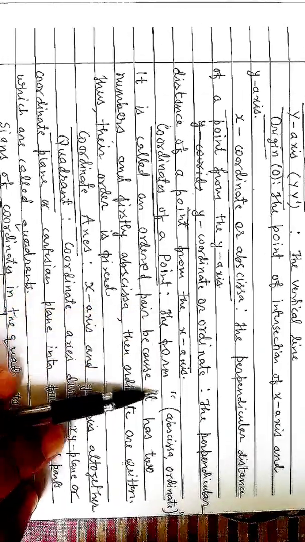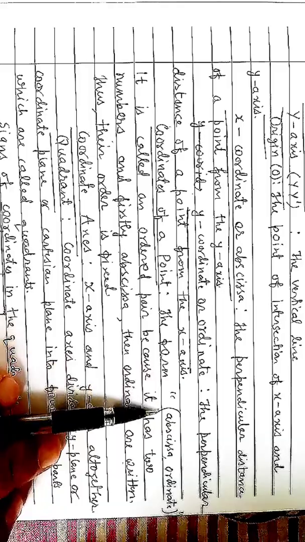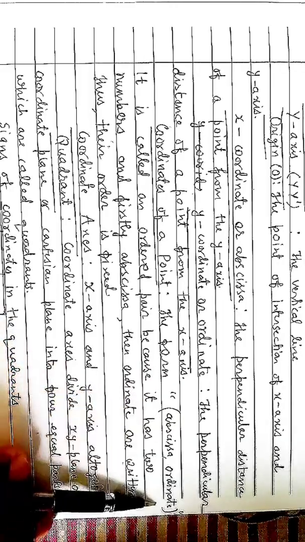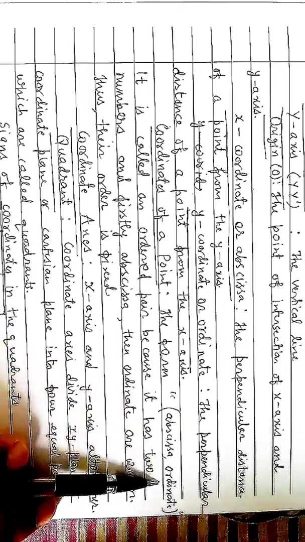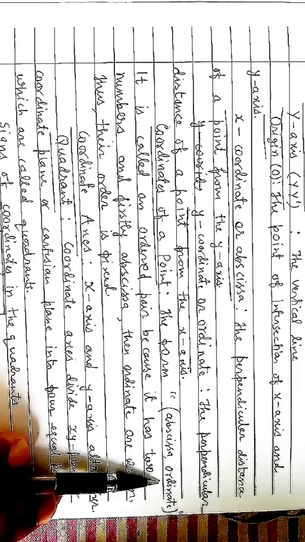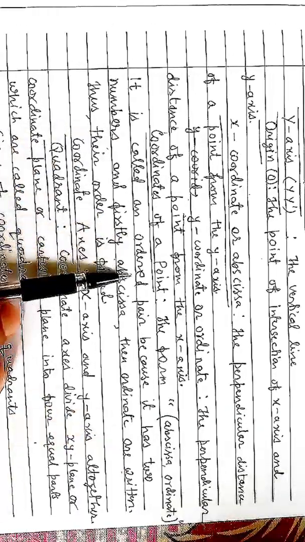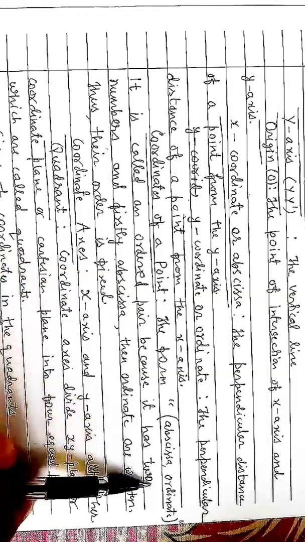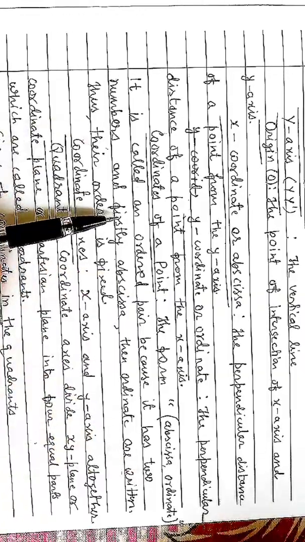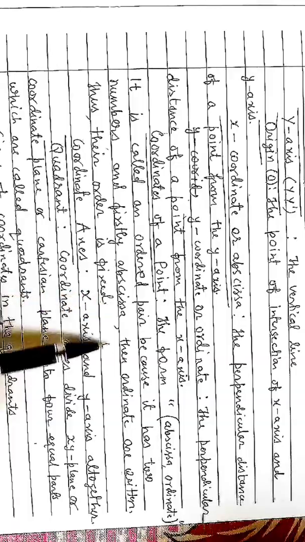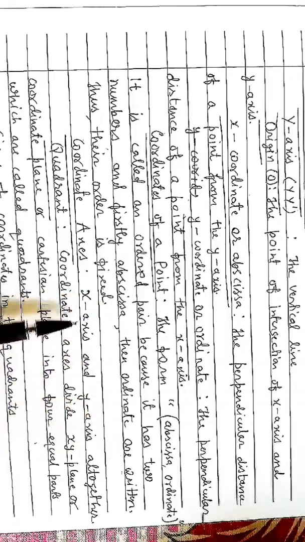Coordinates of a point. The form within a small bracket of abscissa, comma, ordinate. It is called an ordered pair also because it has two numbers. And firstly abscissa, then ordinate are written.